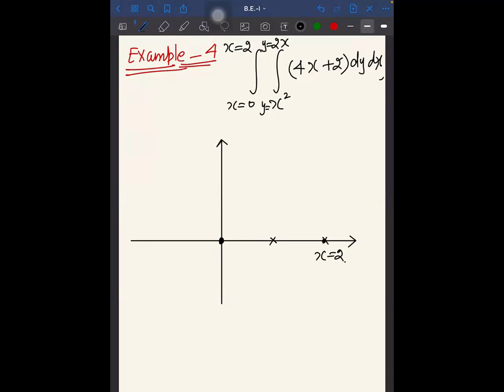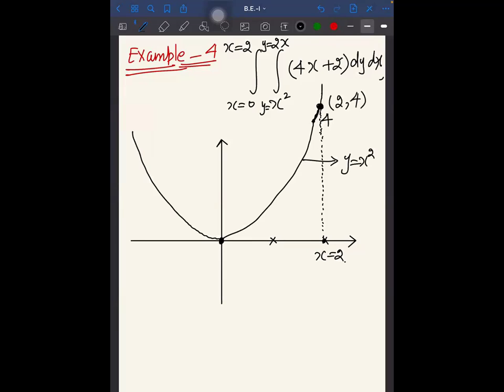So somewhere here, let's say 4. When you put x equal to 2, this becomes 4, so over here. So this is your parabola, y equals x square, and this point is (2, 4).